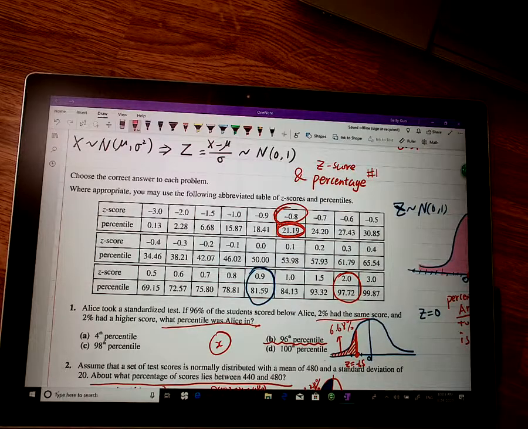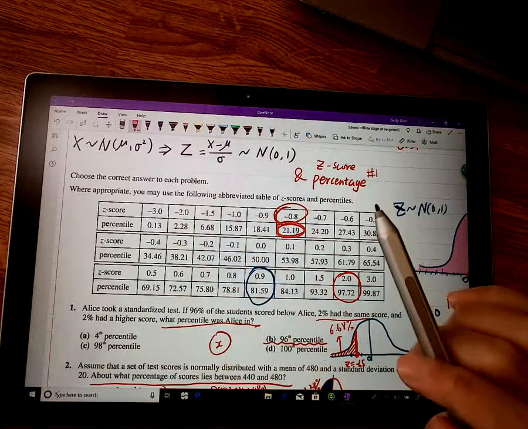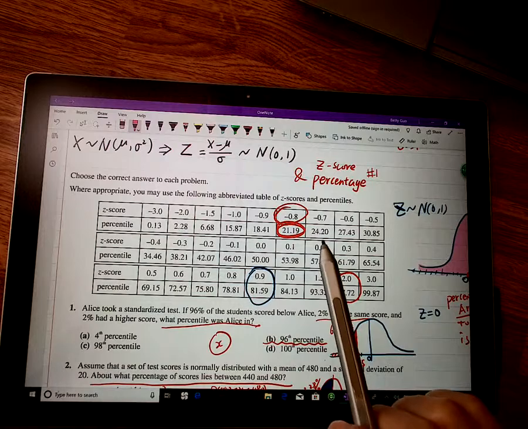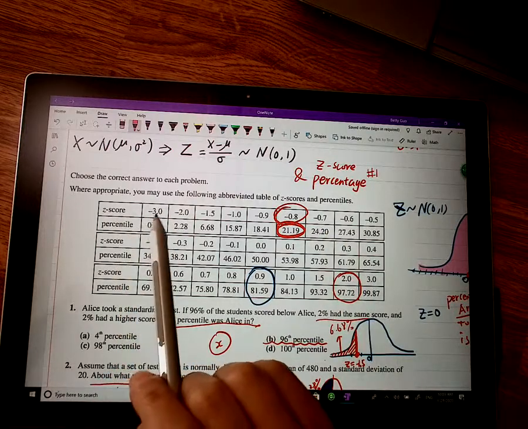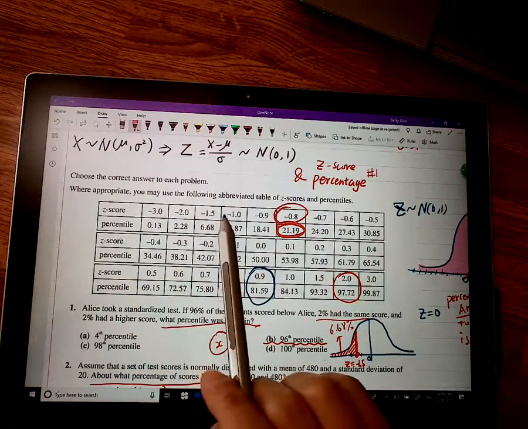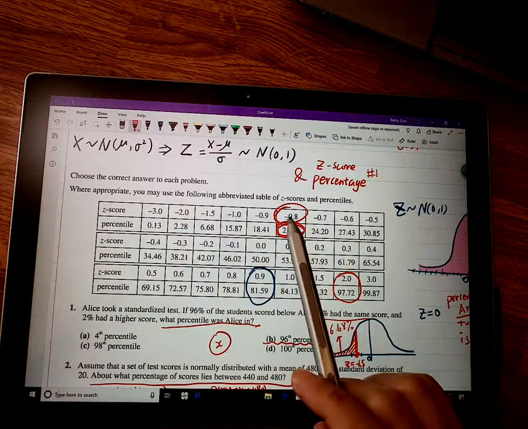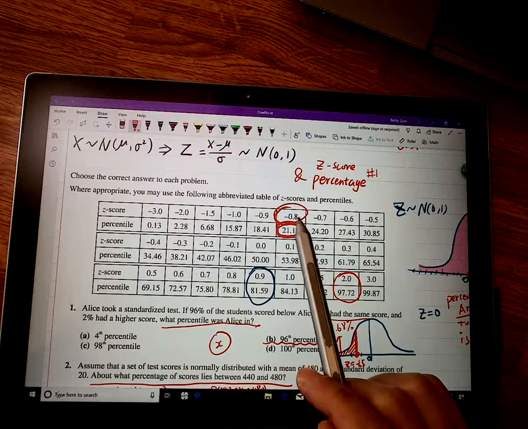Okay, z-score is just like that. So that's the first row. You see the first row, z-score could be -3, -2, -1.5, and so on and so on.